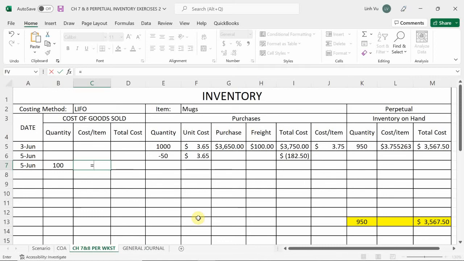Where do you get $3.65? Okay. This is what I have to figure out, how much it costs me. I have to include the freight, right? Because I'm not going to pay the freight for my customers. I'm going to have them pay for it. So how much is it going to cost me per item?